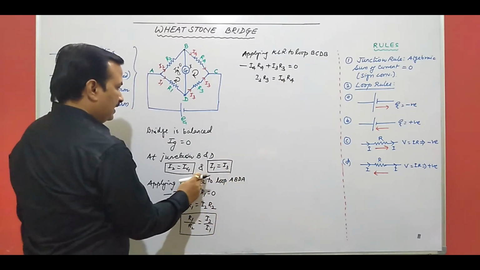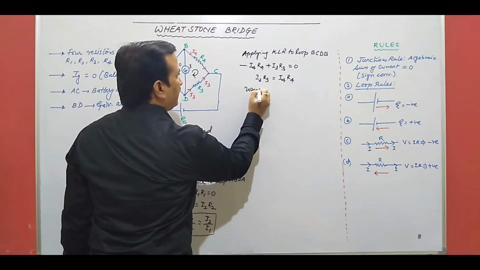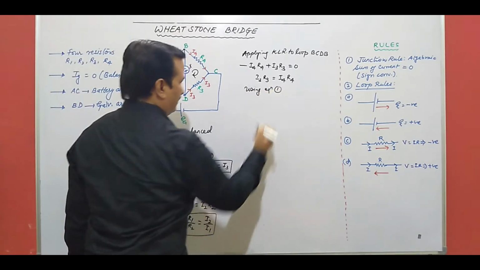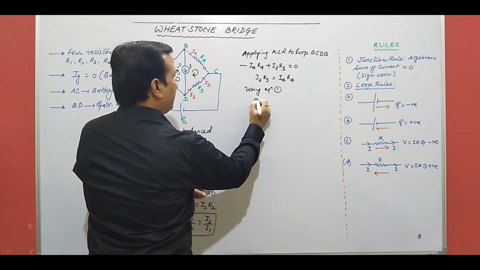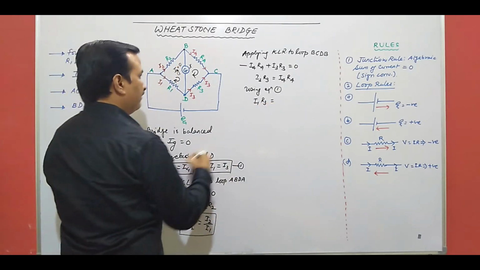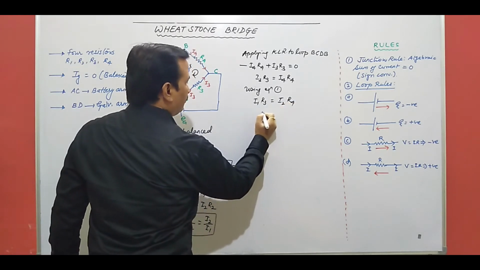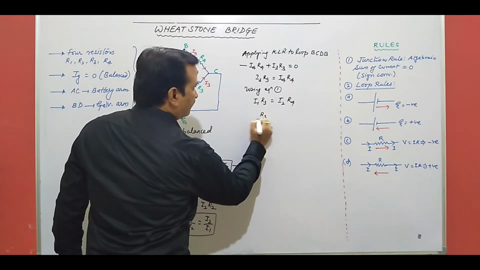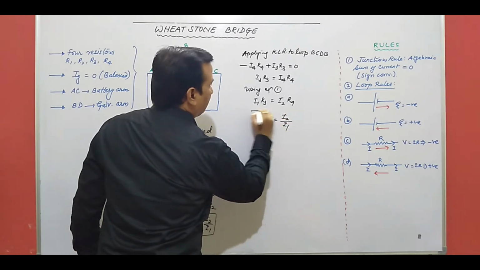Now we have, see here, I3 we can write as I1 using equation 1. This is your first equation. I3 we can write I1, R3 equal to I4 we can write I2, so I2 R4. This will give you R3 upon R4 equal to I2 upon I1.